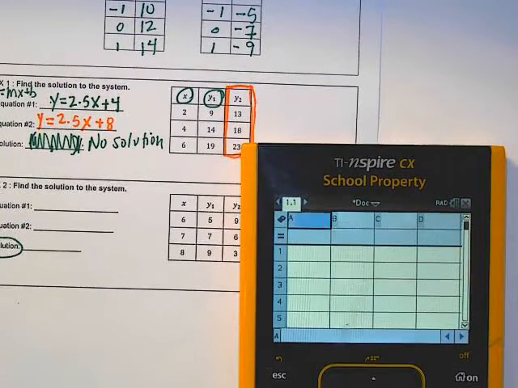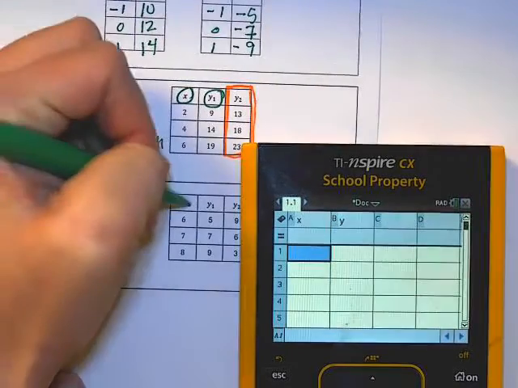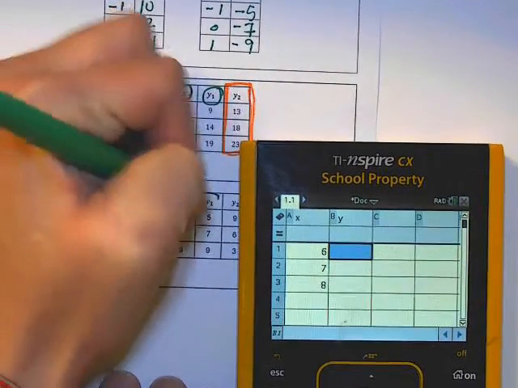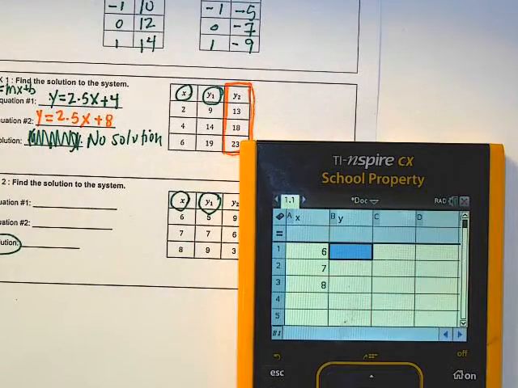Label your columns X, Y. Okay, I'm going to do my X's: 6, 7, 8. And I'm going to do the Y1s because that's what I'm plugging in first: 5, 7, 9. Then what?